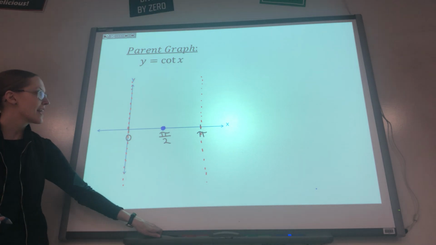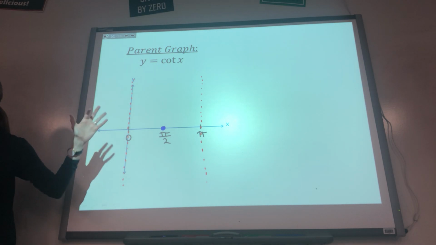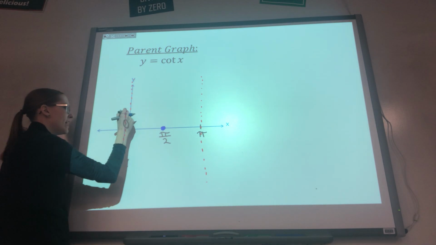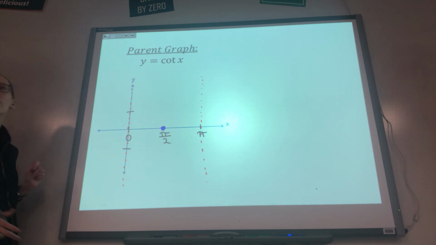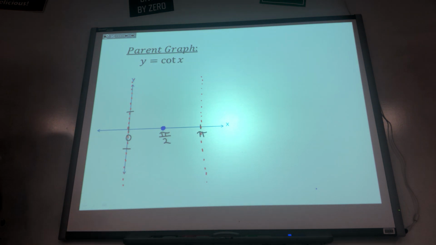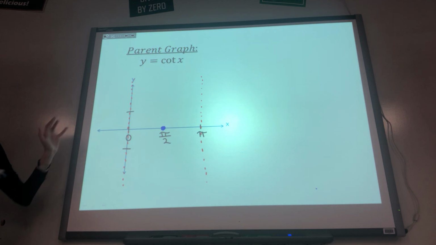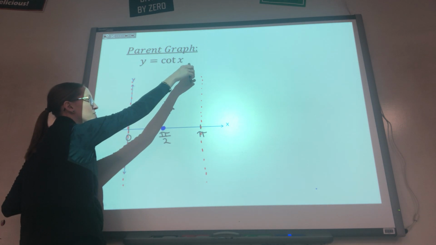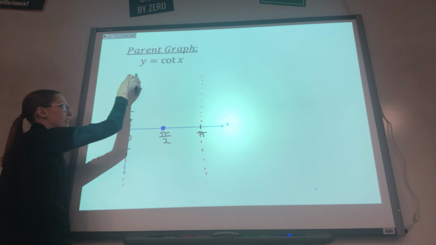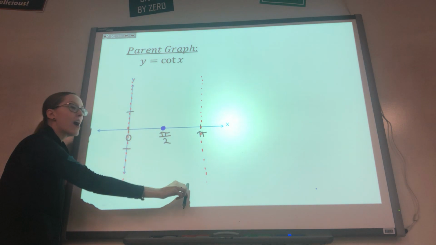All right, and just like last time, I'll use my amplitude to help me find a couple more points on this graph. Amplitude is 1 again, so you don't necessarily have to label that. But here's the big difference between tangent and cotangent: instead of going down to the left and up to the right, cotangent is actually up to the left, down to the right.